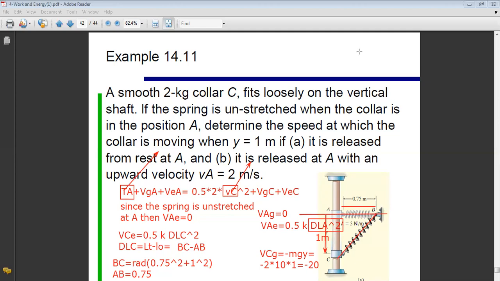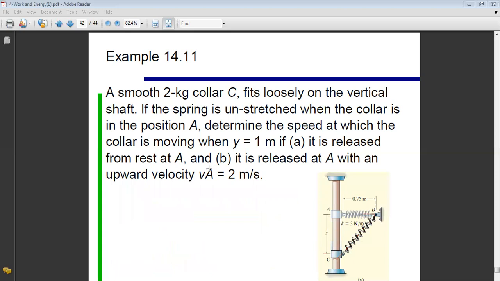Now, they said it is released with an upward velocity. What if we released it with a downward velocity? If we release A up with 2 meters per second, or release A down with 2 meters per second, what will change? Who can tell me?